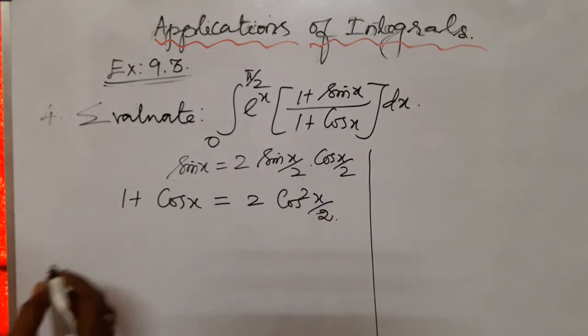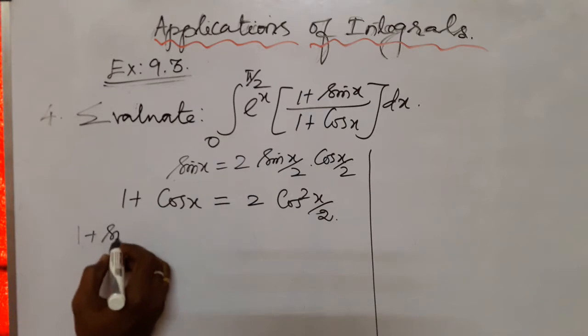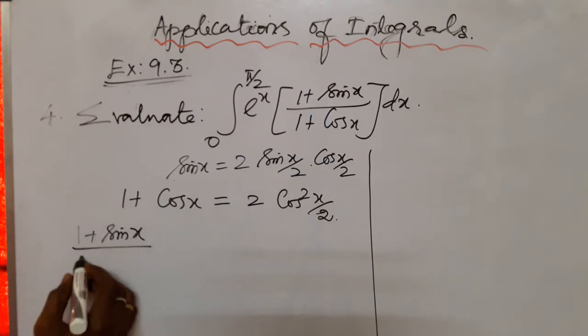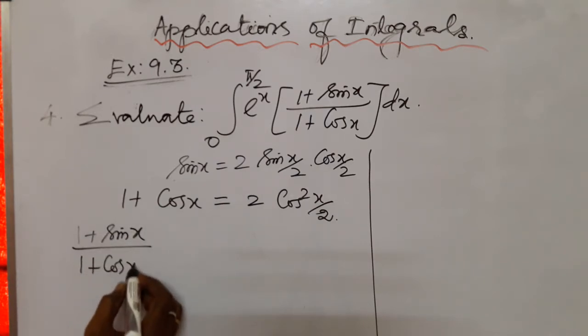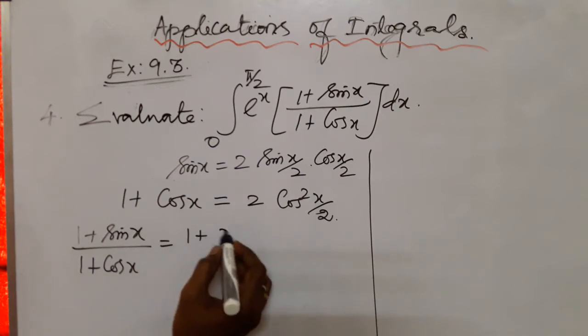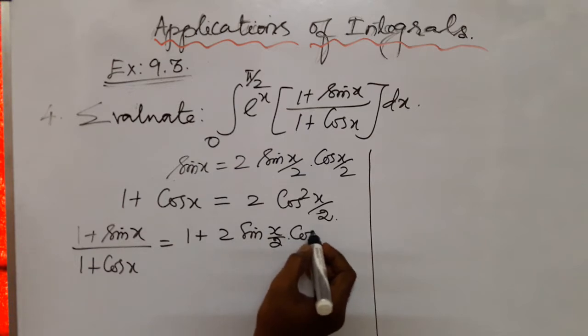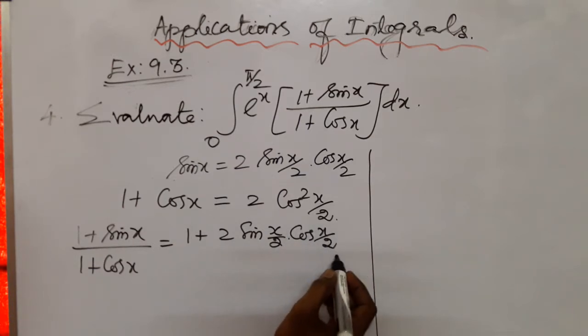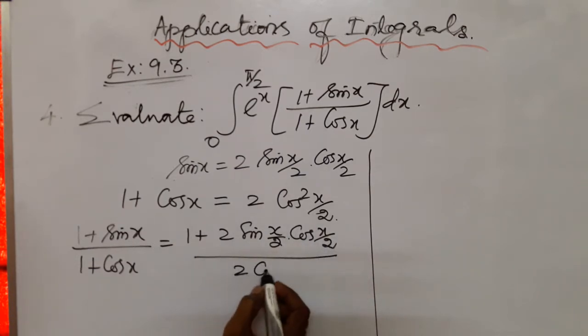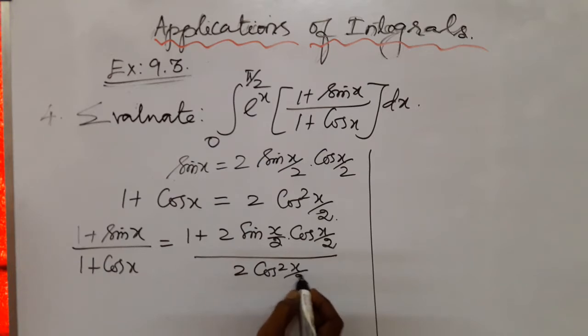The fraction (1 plus sin x) by (1 plus cos x) can be written as 1 plus 2 sin x by 2 into cos x by 2, divided by 2 cos square x by 2.